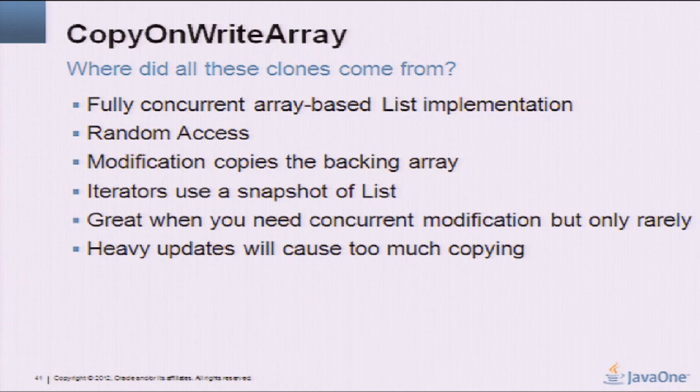You're not going to run into concurrent modification exceptions, and other threads can continue to modify the list while you're iterating it. This does come at the cost that those modifications copy the backing array of the list, so that if you're making a lot of modifications on the list, it can end up being quite space inefficient.